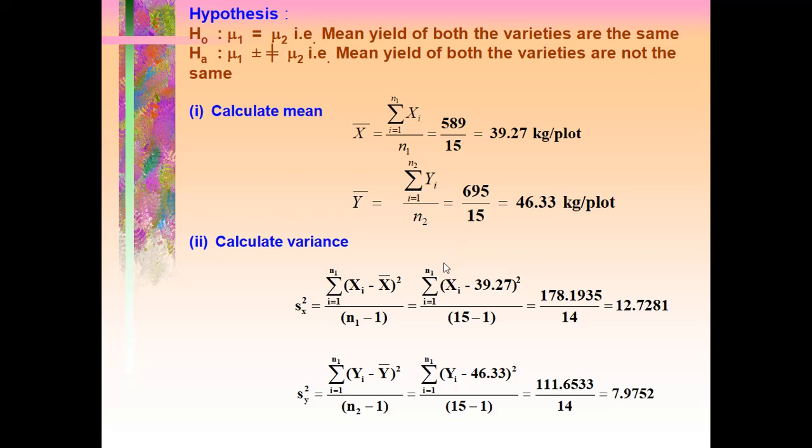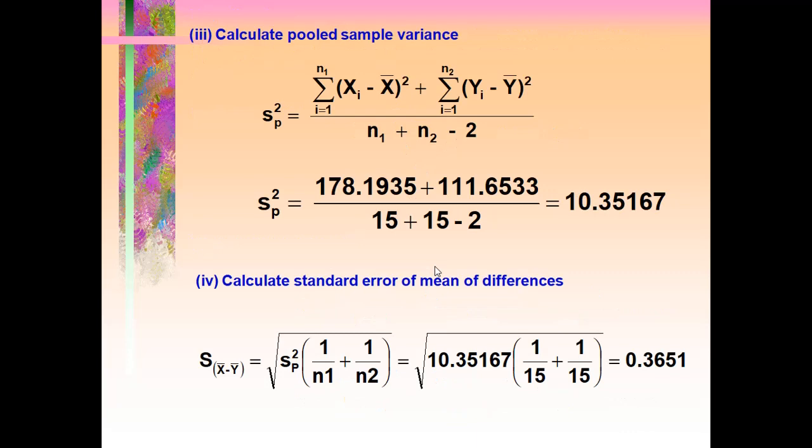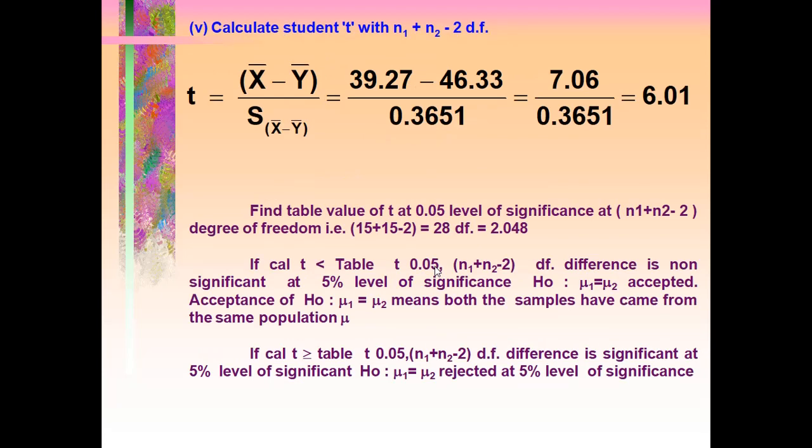So we work out the variance for both the groups, then we work out the pooled variance, and finally we work out the standard error of the difference of means. And then you can see the value of t, that is x bar minus y bar divided by the standard error of the difference of means.